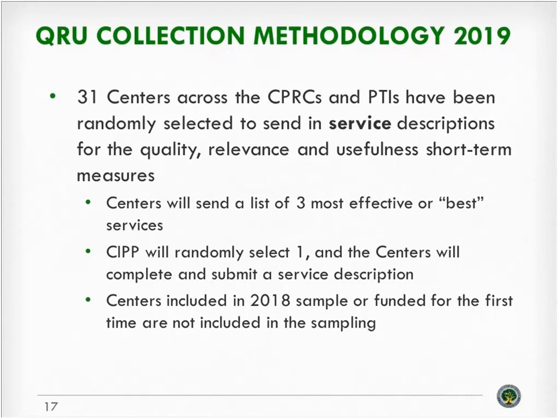So the centers will initially be asked to send a list of their 3 most effective or best services. And when we say a list, it's really just a 1-sentence description of those 3 services. CIP will then randomly select 1 of the 3 services, and the center will be asked to complete and submit a more comprehensive service description for that 1 sampled service.